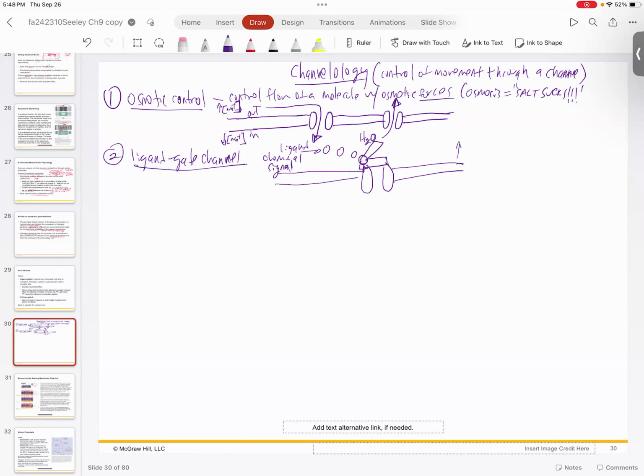Now, the same set of conditions is true for this one as well. So when that ligand opens the gate, what's going to happen to the sodium? Where's the sodium going to go?